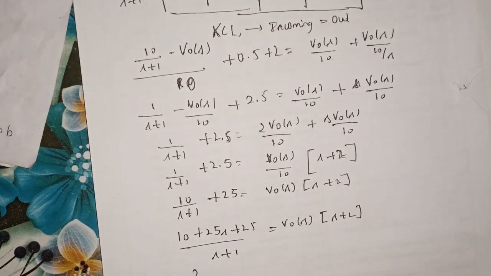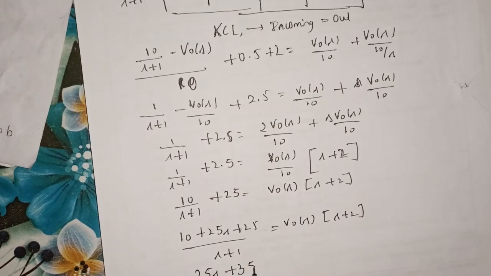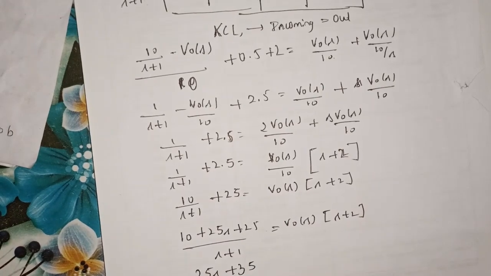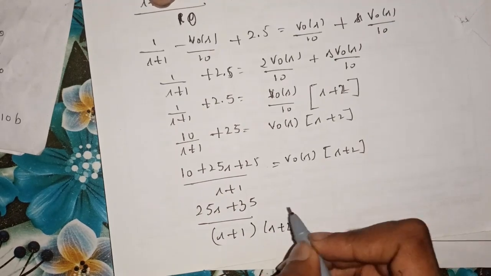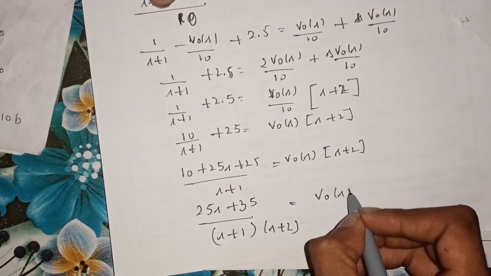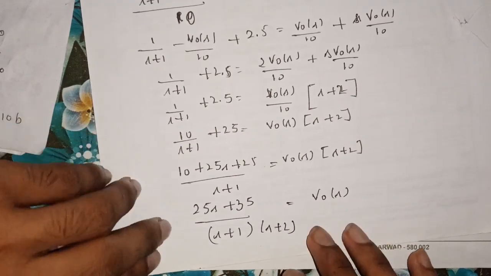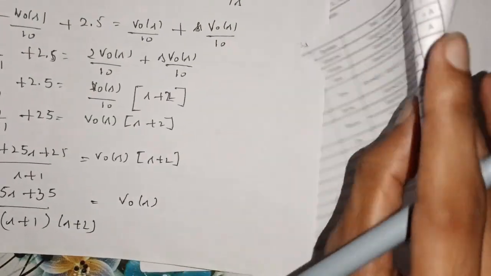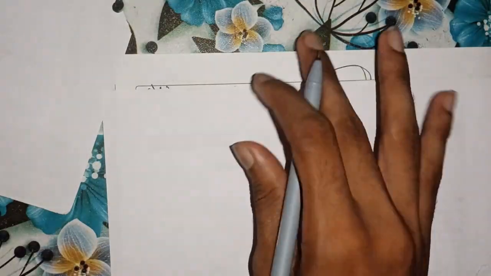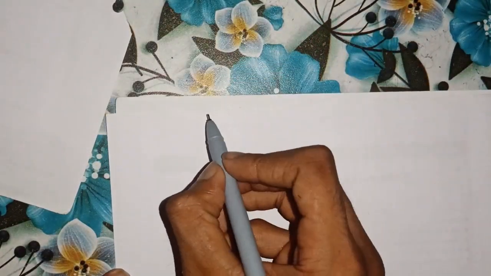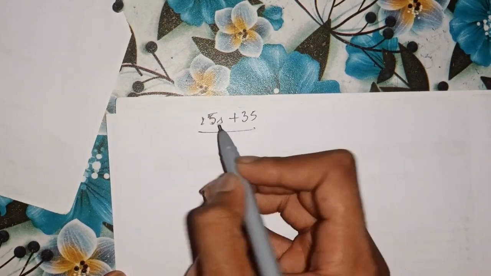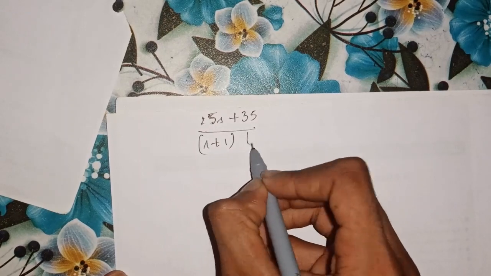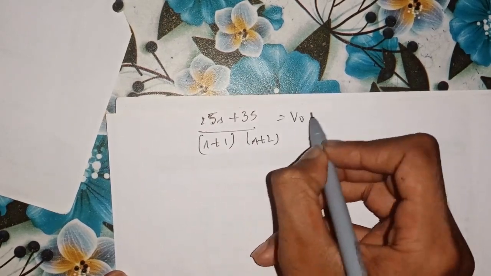Now an evaluation of this will be 25S plus 35 divided by S plus 1 into S plus 2, which will be equal to V naught of S. So the equation which is appearing here is 25S plus 35 divided by S plus 1 into S plus 2, equal to V naught of S.